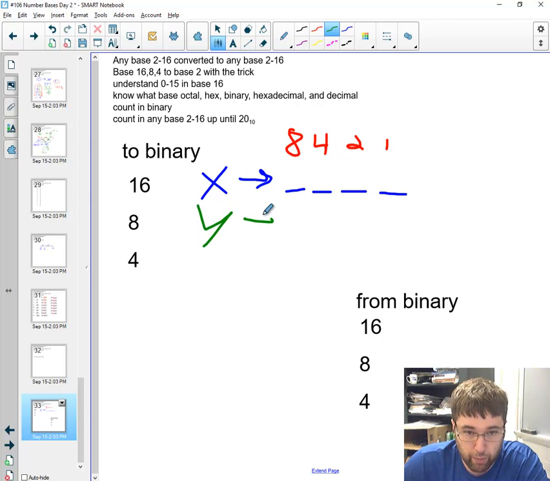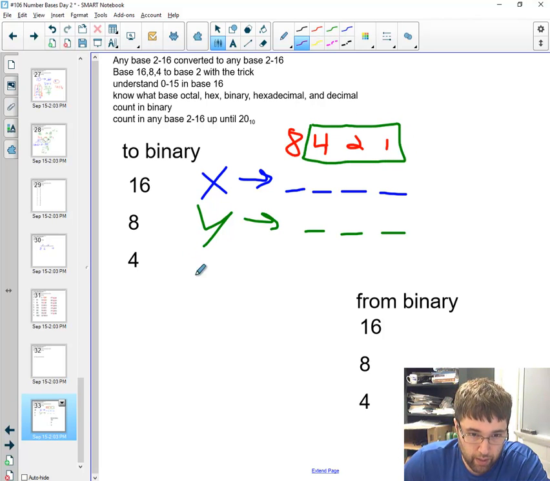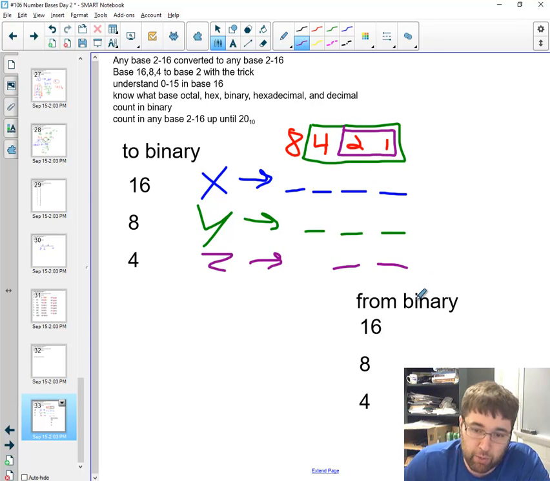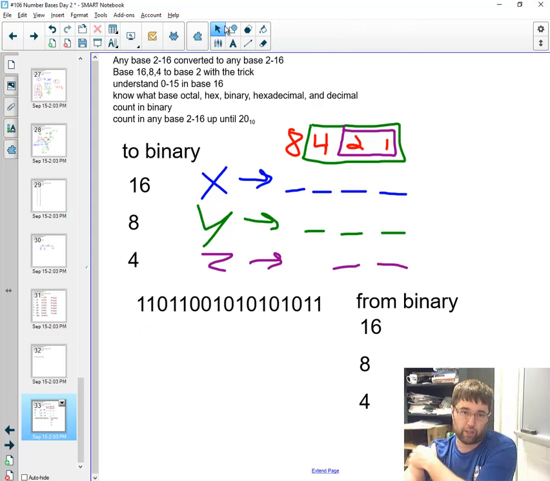My Y, a base 8 value, would then be 3 digits of these values. And any Z in base 4, which is any value 0, 1, 2, 3, would then be these 2 digits in binary.